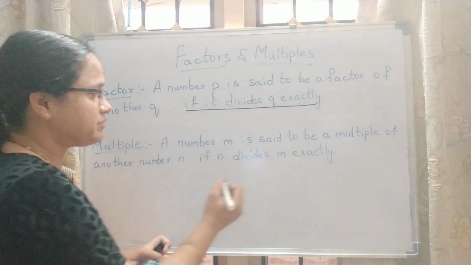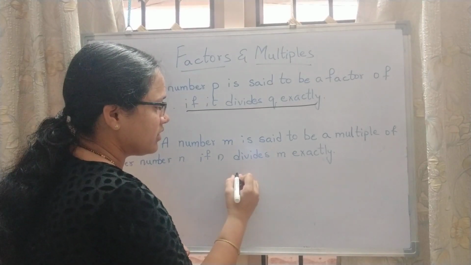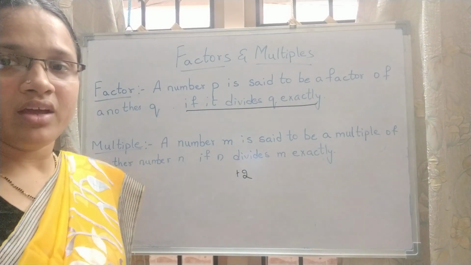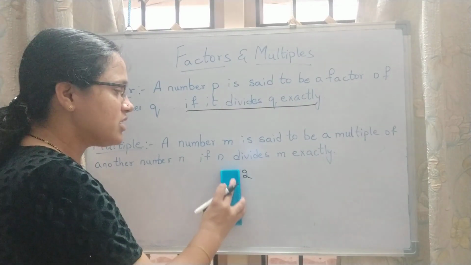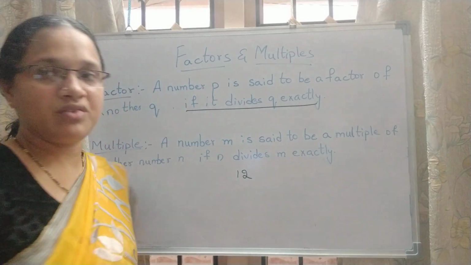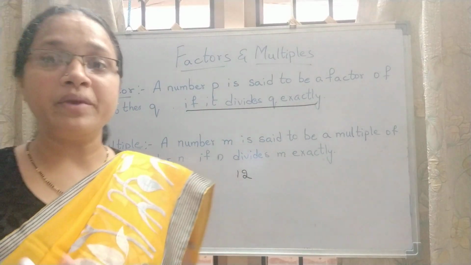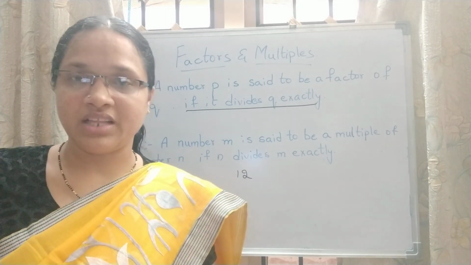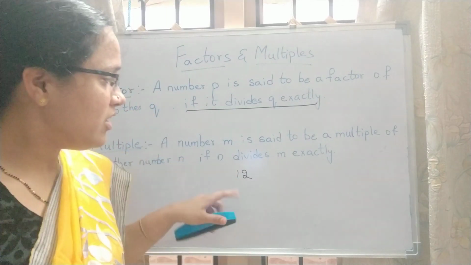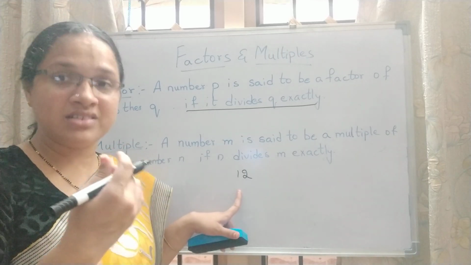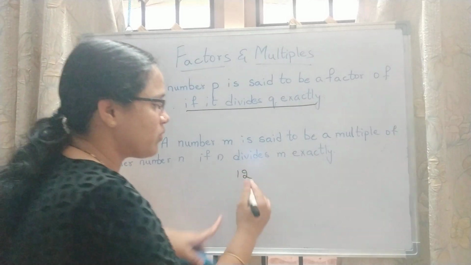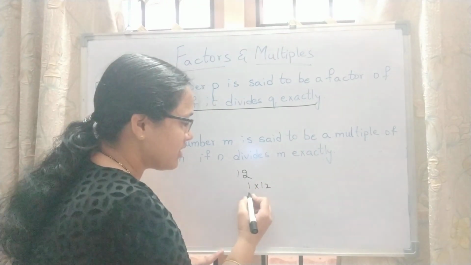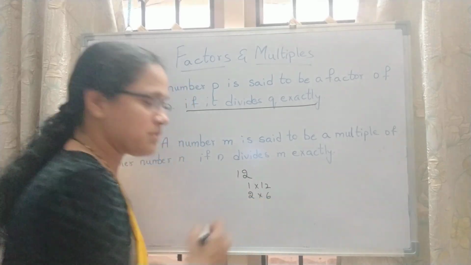Now let us see factors. Suppose the number 12 is there. How do we write the factors of 12? First of all, you should know how to find the factors. Start from the 1 table: 1 times 12. In the 2 table it goes for 6 times.